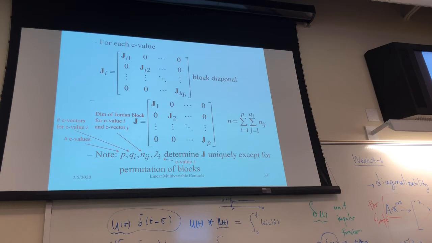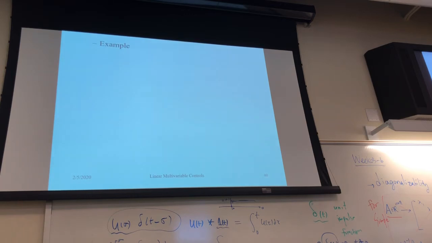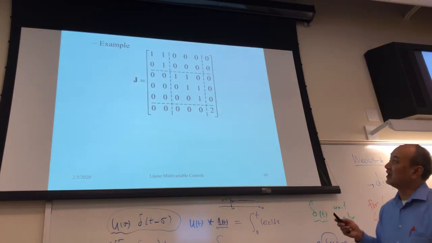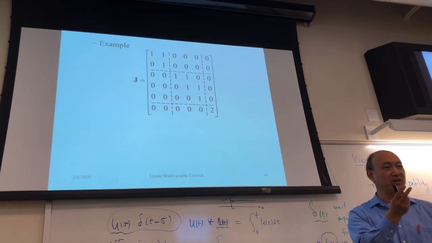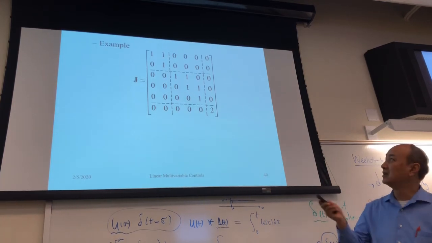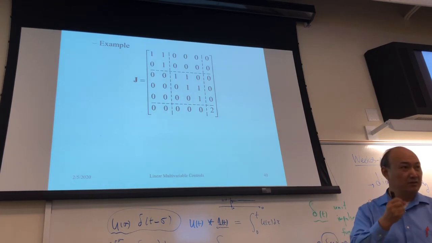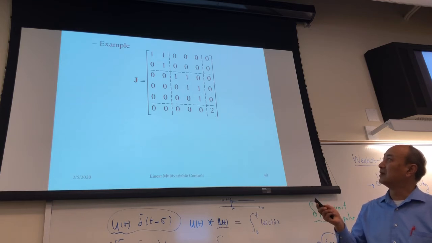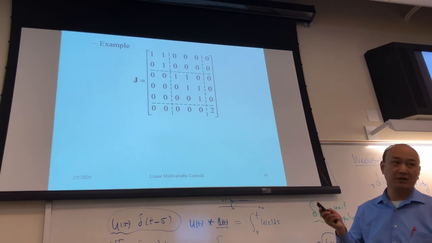So let me go through an example. This example is interesting, so you can play with it in the future. You can see I have two distinct eigenvalues. The first one is 1, the second one is 2. So this is 1 by 1. But for this 1, I identified this as a Jordan block, and this is also a Jordan block.